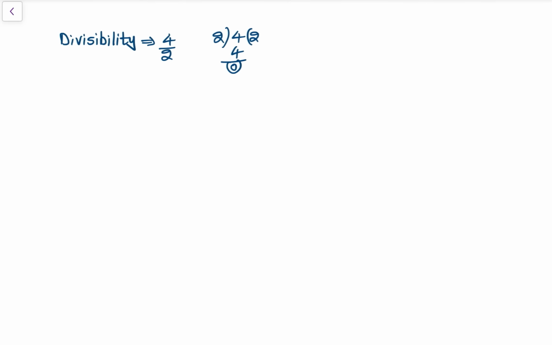On the other hand, if we divide 9 by 4, we get remainder 1, since 4 twos are 8, remainder 1. So that means 9 is not divisible by 4. 4 की टेबल में 9 नहीं आता. So that is what divisibility means. जो रिमाइंडर 0 आता है तो डिविजिबल है, नहीं आता है तो नॉट डिविजिबल.